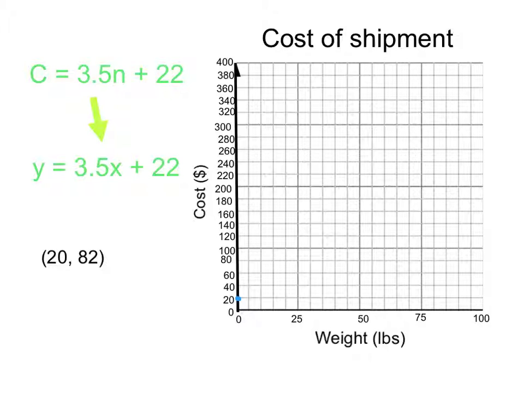For 20 pounds for the weight, we'll have 92 for the cost. Then we have 40 for the weight, and 162 for the cost. Then we have 60 for the weight, and then 232 for the cost.